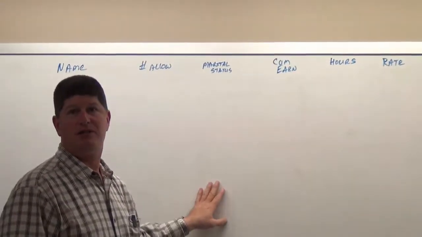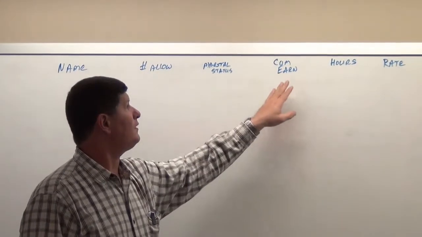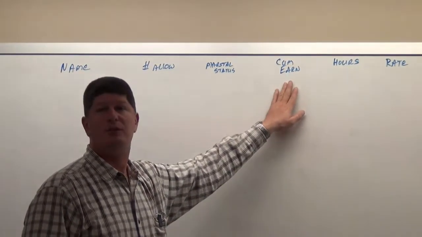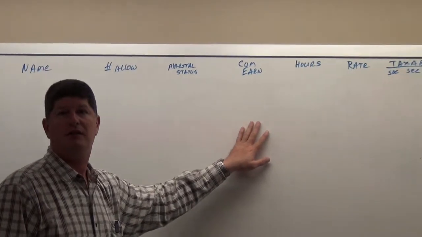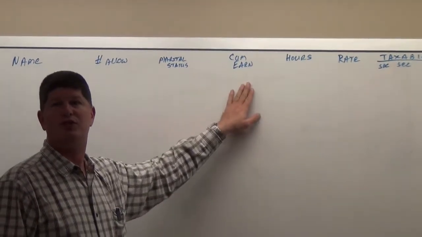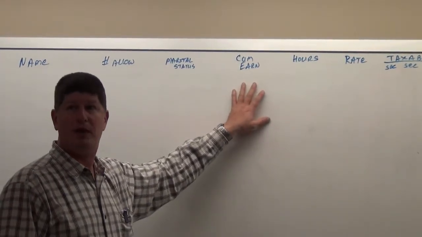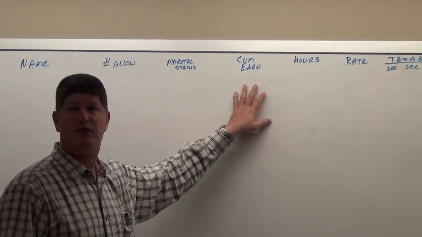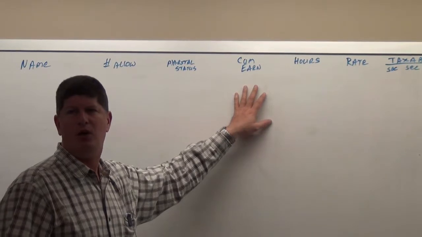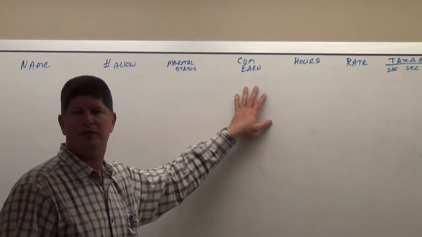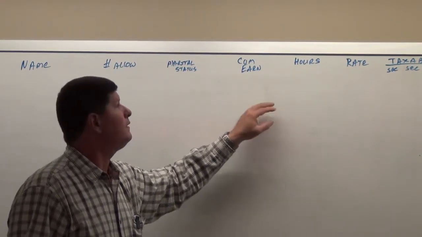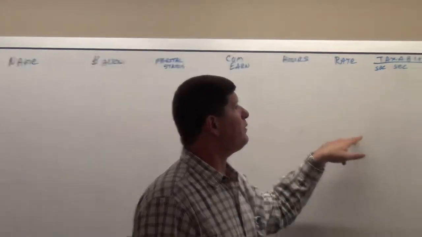Marital status, married, single. Cumulative earnings year to date. The reason for this is to determine how much of the current month's wages are taxable based on the wage floors for FICA or things like that. How many hours you worked, pay rate.